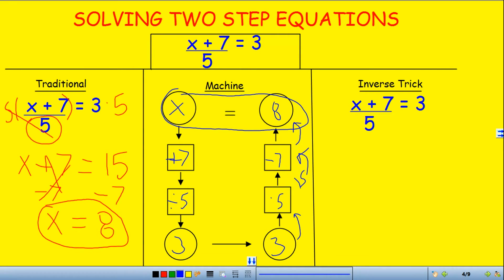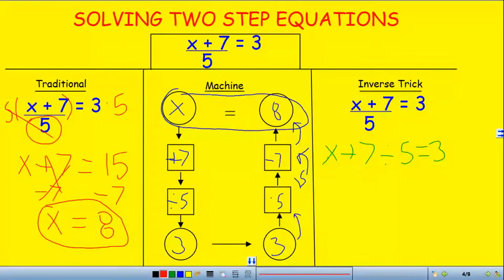Now let's look at the inverse trick, and I'm going to rewrite this equation to make it a little bit easier. So I have x plus 7 divided by 5 equals 3. Let's go through and do the inverse of each one of these steps.